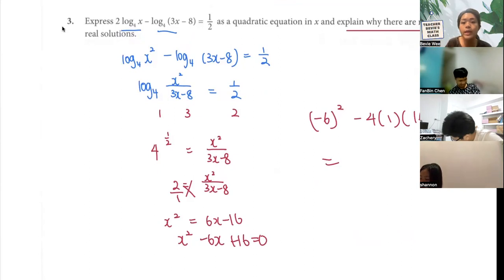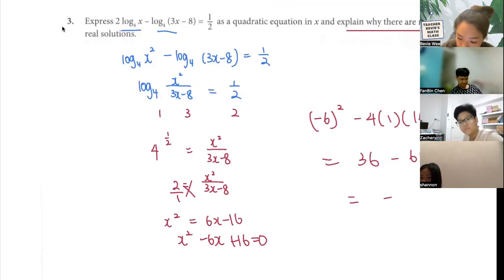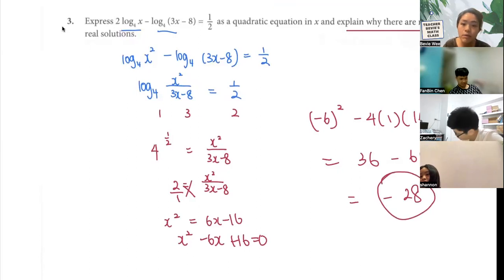They say show, explain. I don't straight away equate to smaller than 0. Don't do that because you are supposed to be explaining it. But in here, we don't have an unknown x. Okay, so we just press calculator. This is 36 minus 64, which is negative 28. There, it's smaller than 0.